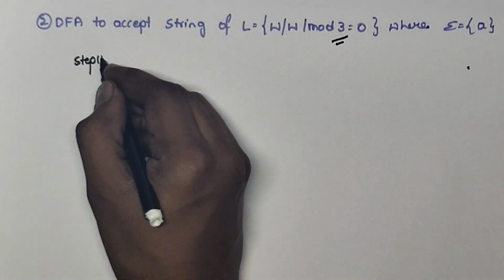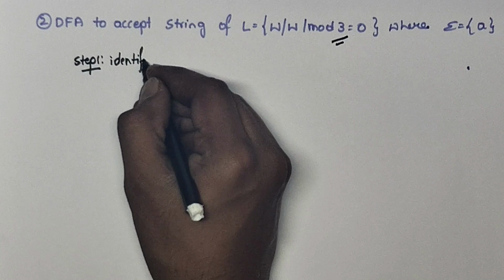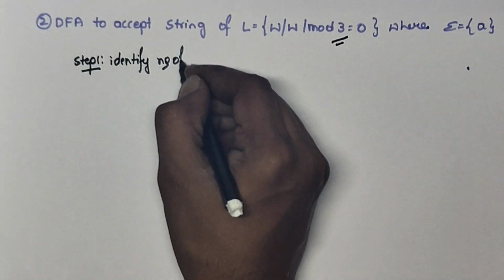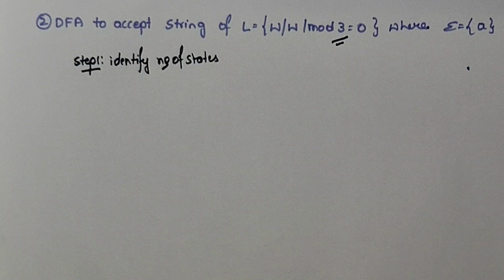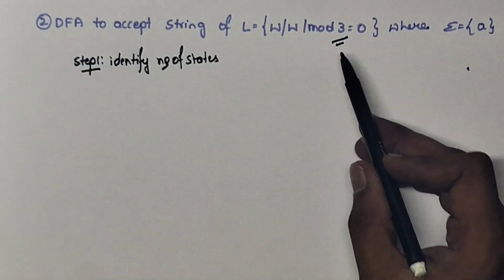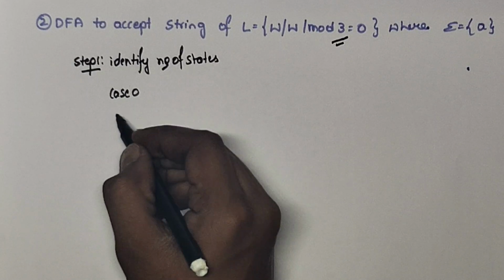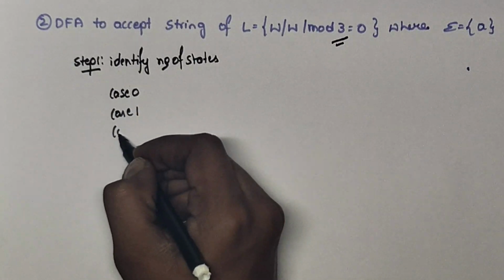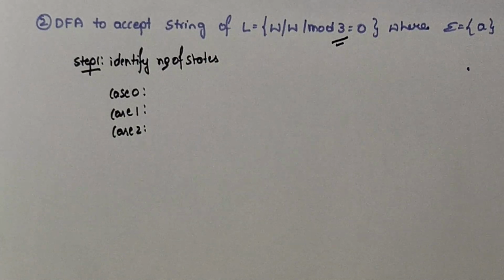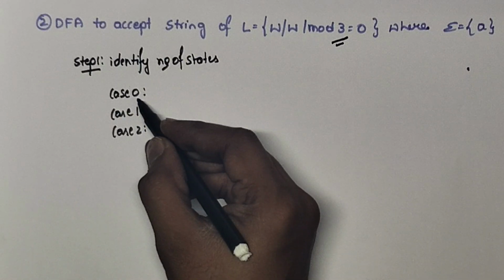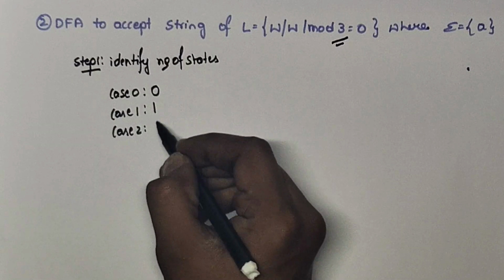Step number 1 is identifying the number of states. So we must take all the scenarios. If I want to divide by 3, we will have 3 cases: case 0, case 1, case 2. Because if you divide by 3, the remainder may be 0, 1, or 2.